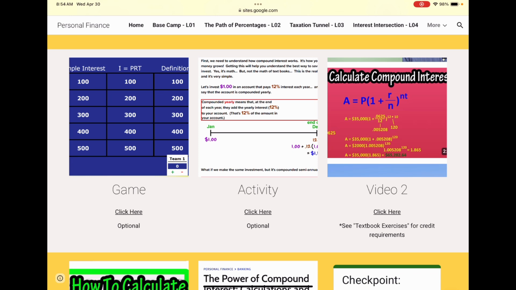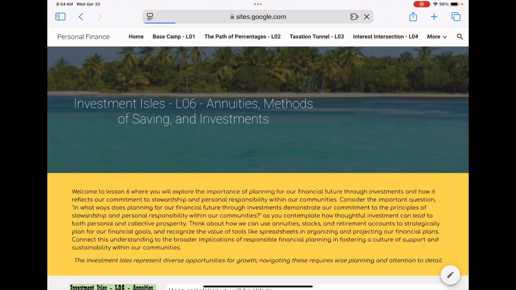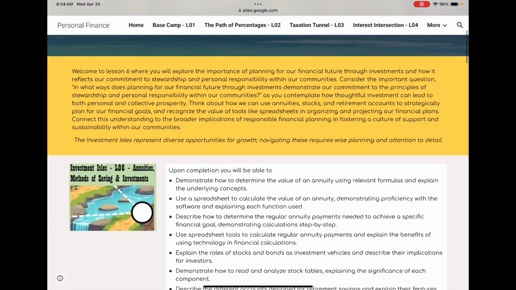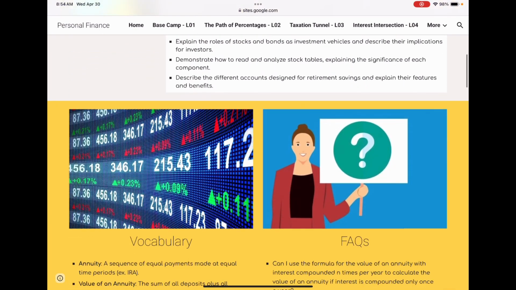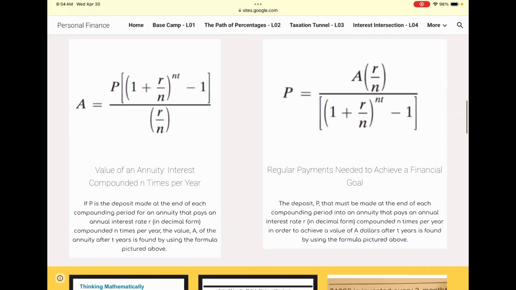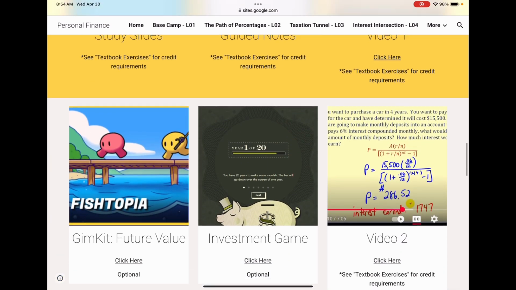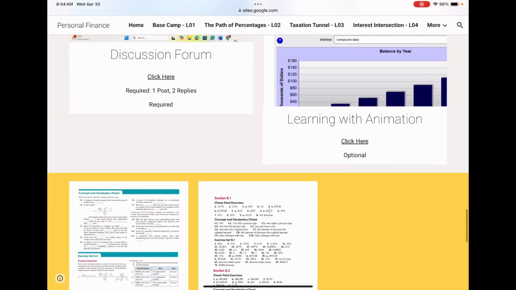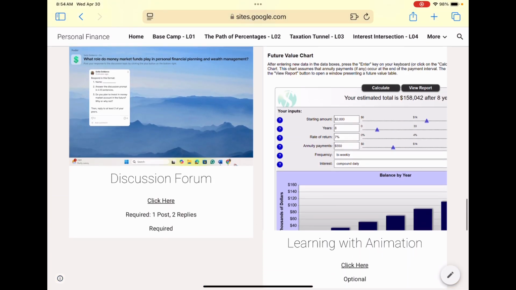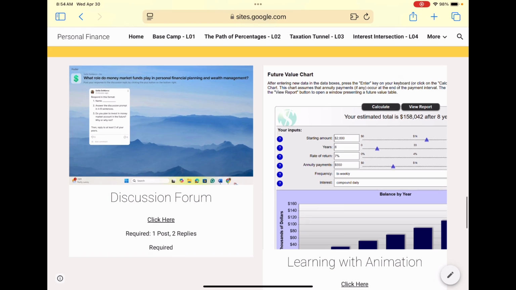Next, moving on to lesson 6, Investment Aisles. I will scroll down. This lesson includes a discussion forum, all the way down here at the bottom. So there is our discussion forum. The students are asked to post a discussion where I've put in a format.